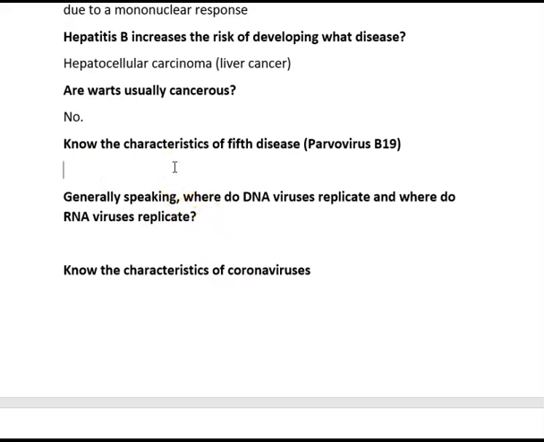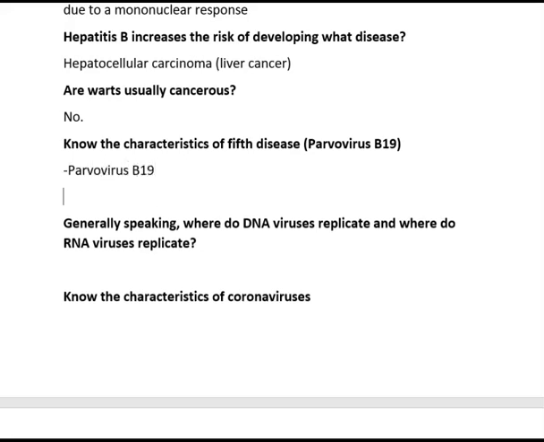Okay, the characteristics of fifth disease. I want you to know the causative agent here, parvovirus B19. I want you to know that this pathogen can cross the placenta.